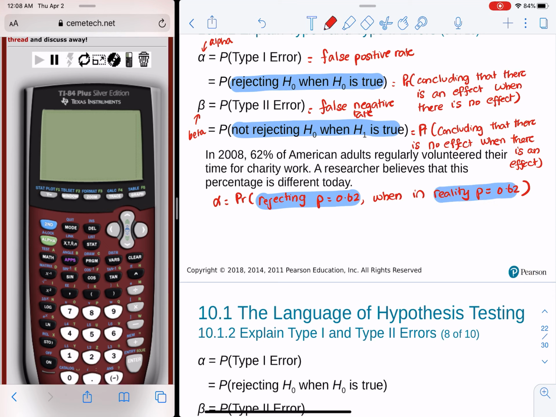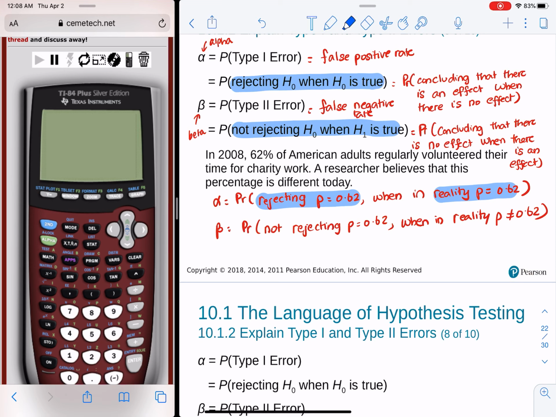And beta would be the probability of not rejecting the null.